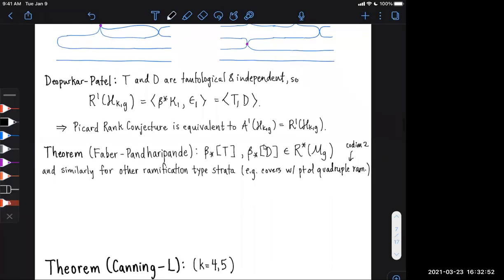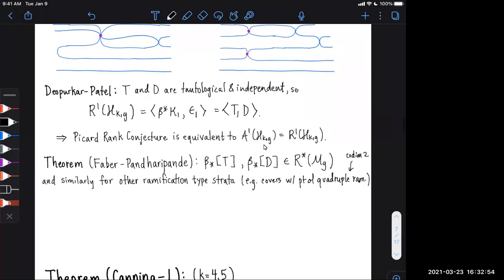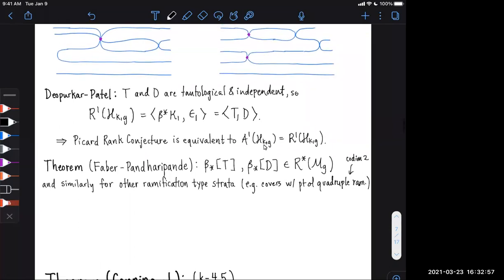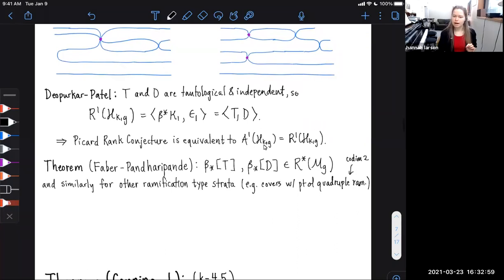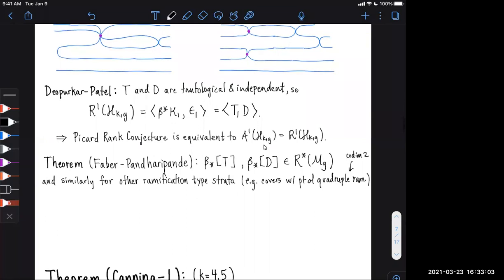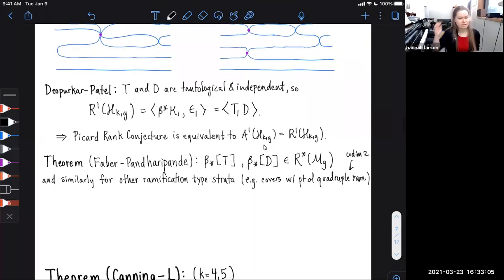By the way, one might also ask about push forwards of products of those things. Is it the same thing? Yeah, that's a good question. It's related to something I'm about to say. I think in general, if you take products of these ramification type strata, it's not clear if their push forwards are tautological.